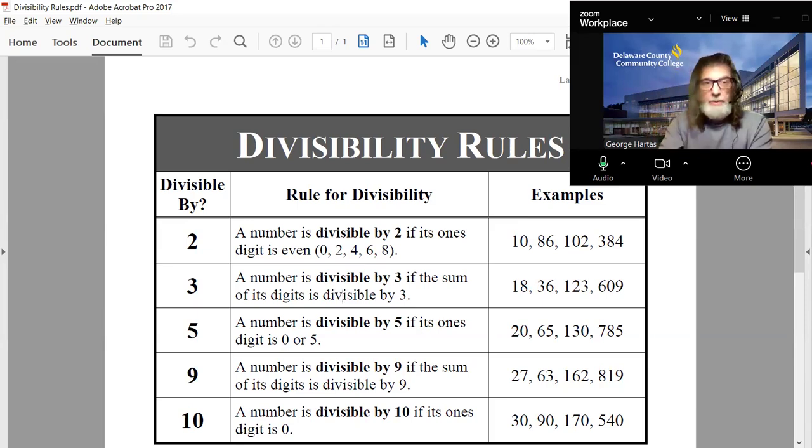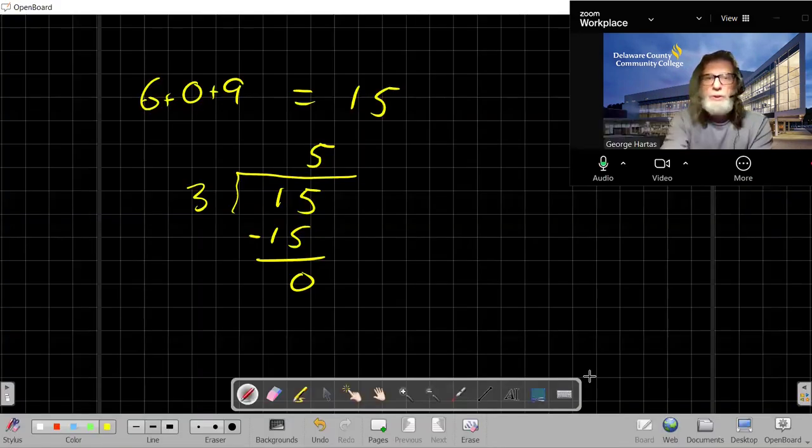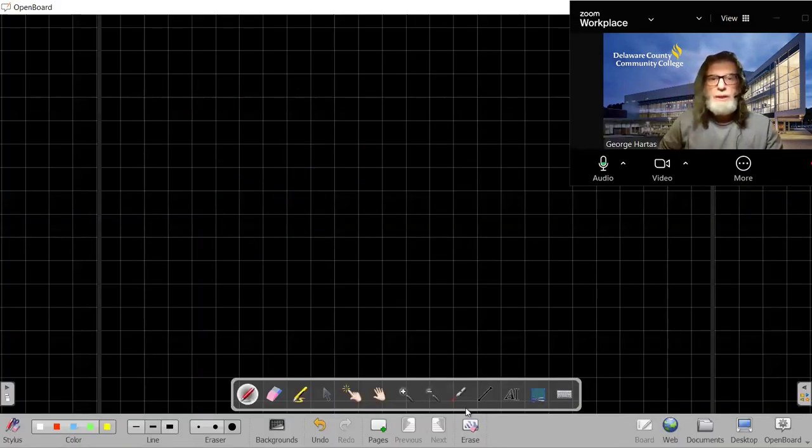So let's do an example here. Let's take a difficult one, like 162. Let's see. Is 162 divisible by 9? 162. We add the digits. 1 plus 6 is 7. 7 plus 2 is 9.